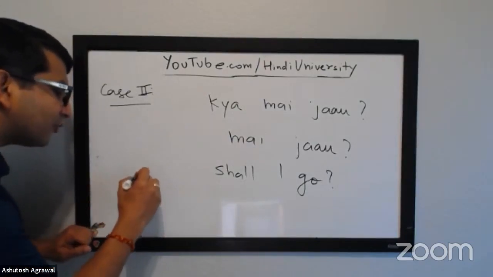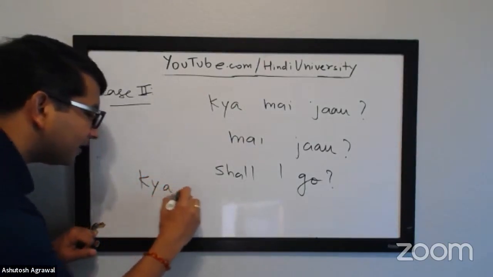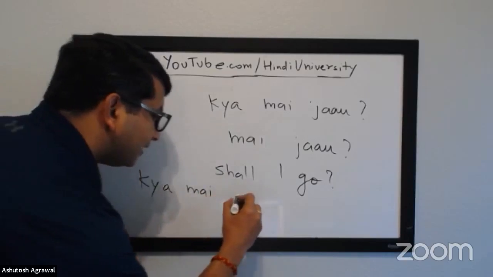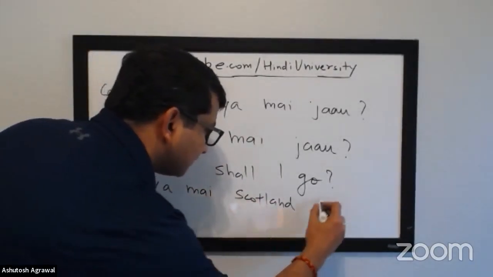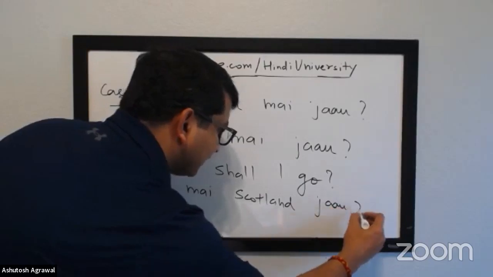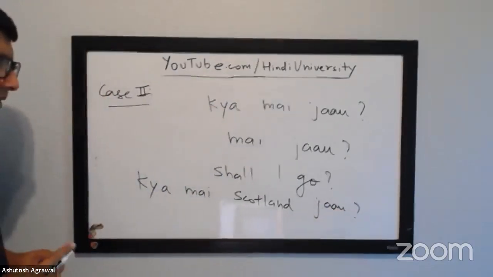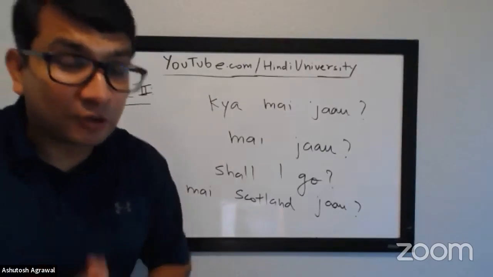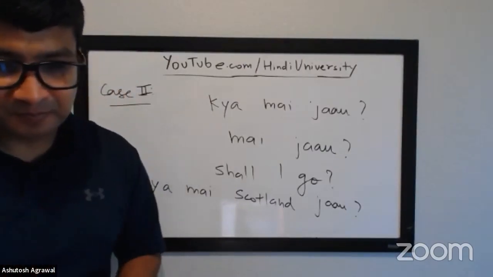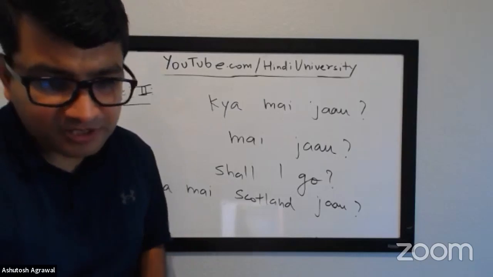Imagine this way for those of you who are finding it difficult. Let's say you want to say क्या मैं स्कॉटलैंड. अगले हफ्ते स्कॉटलैंड में कॉन्फ्रेंस है. There is a conference in Scotland. क्या मैं स्कॉटलैंड जाऊं? What is the mood there?